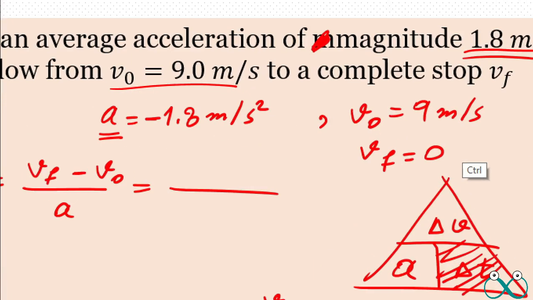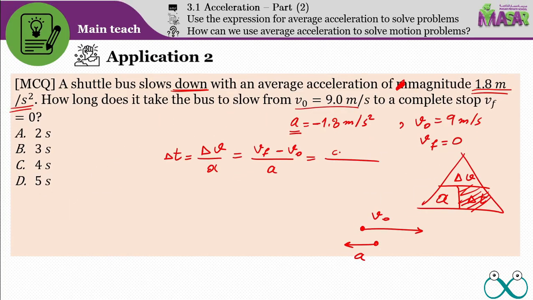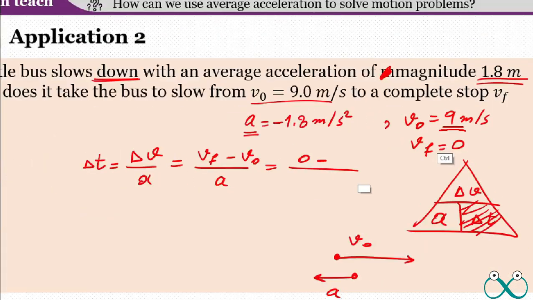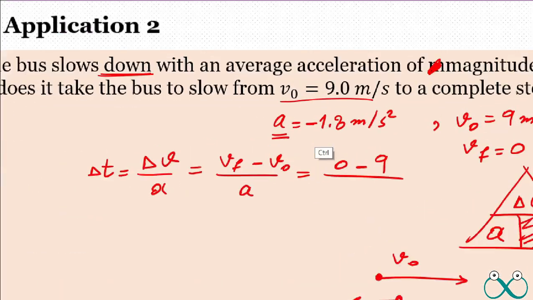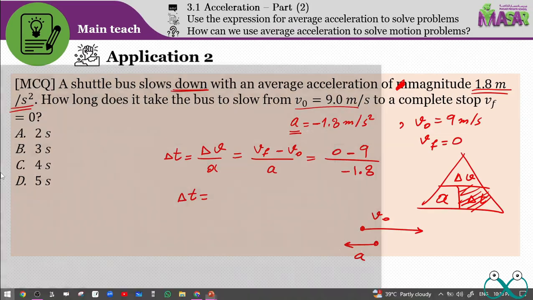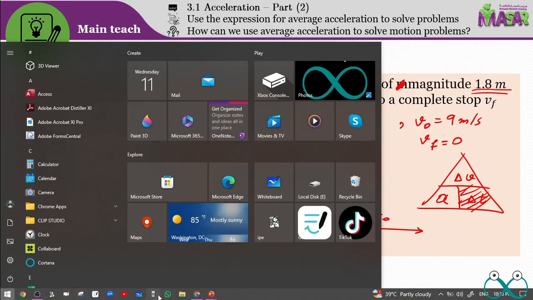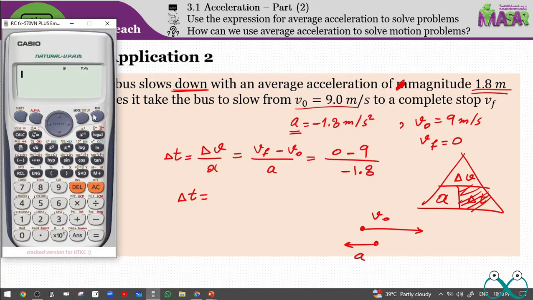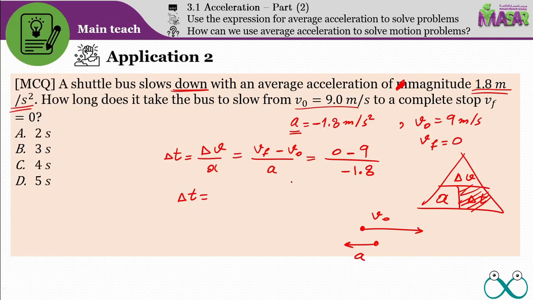The final velocity is 0 minus the initial velocity 9 over the acceleration, which is minus 1.8. So delta t is 0 minus 9 over minus 1.8, and the answer is 5. So the correct answer is 5.